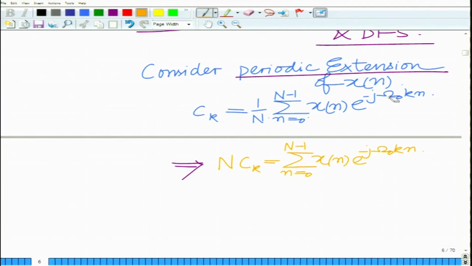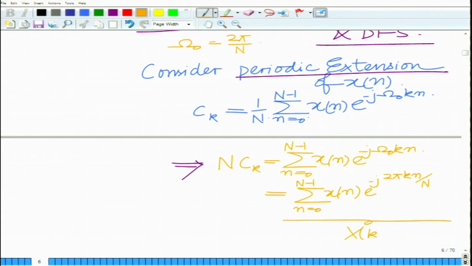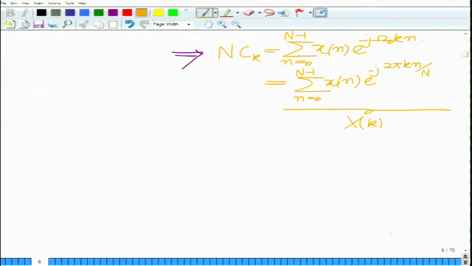In fact, we have omega naught equals 2 pi by N. So, this becomes summation n equal to 0 to N minus 1 x[n] e raised to minus j 2 pi k n over N, which you can see is nothing but the DFT coefficient X[k].